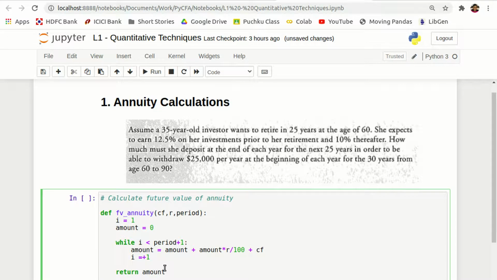Now let's calculate the present value of annuity. Note something peculiar over here. In order to be able to withdraw 25,000 per year at the beginning of the year, is what is called annuity due. So while my earlier annuity started with I equal to 1, at the end of the year, this starts right at I equal to 0.